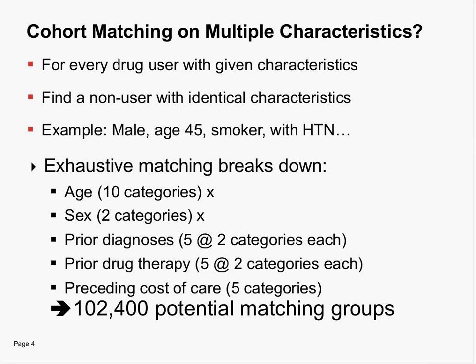So you have age in 10 categories that you want to match on. You have 2 categories for sex, 5 different diagnoses, yes or no for each of them, 5 different prior drug treatments, yes or no for each of them, and then you want to account for cost of care in 5 categories.